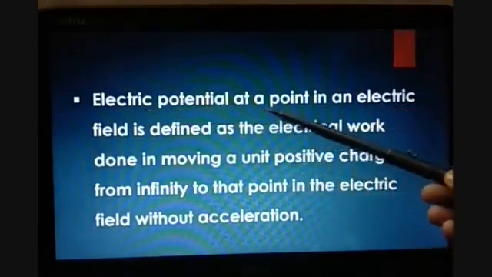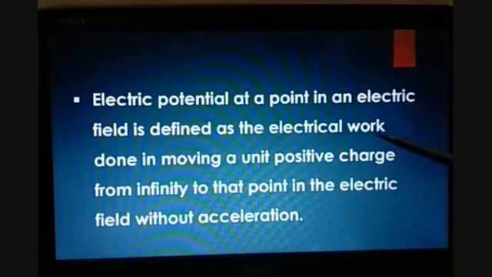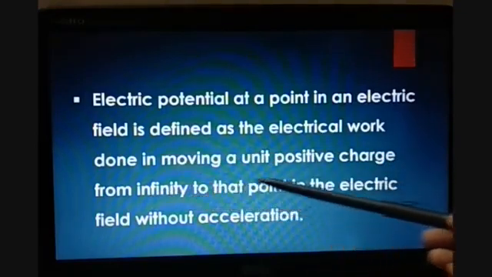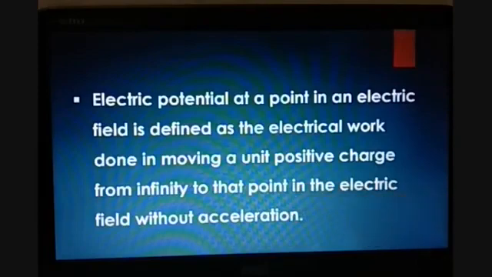Electric potential at a point in an electric field is defined as the electrical work done in moving a unit positive charge from infinity to that point in the electric field without acceleration.